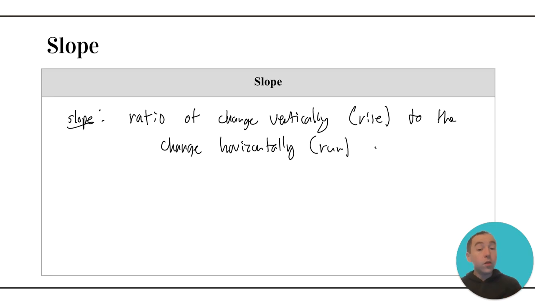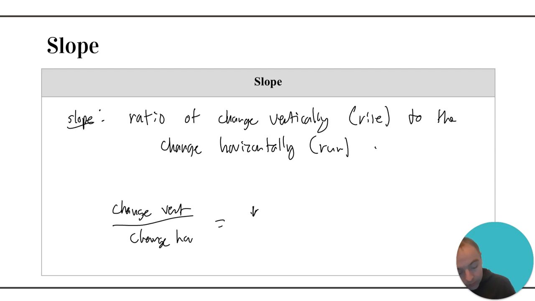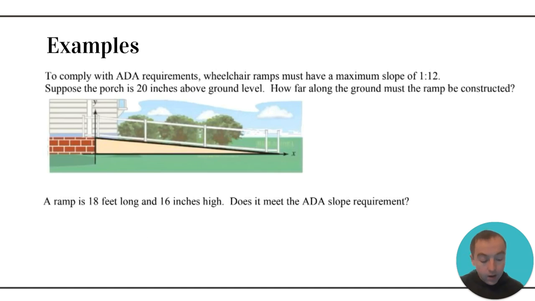And so some ways in which we'll look at this then is talk about it as being the change vertically divided by the change horizontally, which is equivalent to the ratio of the rise to the run. Okay. But as we'll see in a little bit, this definitely has a lot to do with y coordinates and x coordinates and things when we start looking at graphs of different relationships.